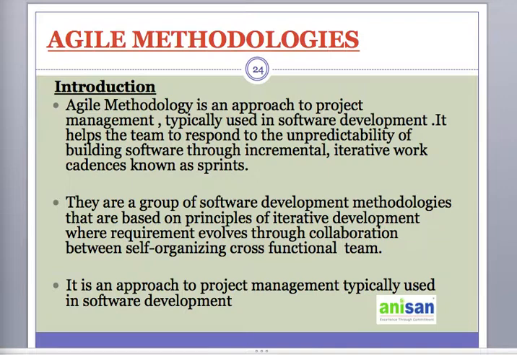It is typically used in software development. It helps the team respond to the unpredictability of building software through an incremental, iterative work cadence known as a sprint. Every iteration is known as a sprint, so that terminology will be used in Scrum as well.